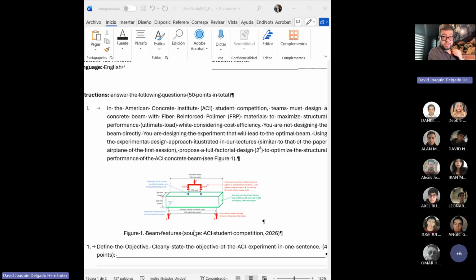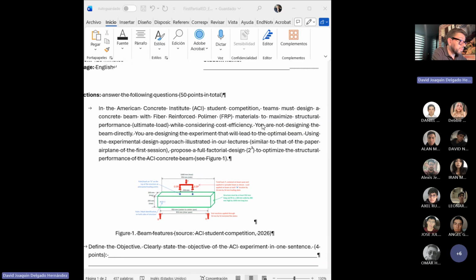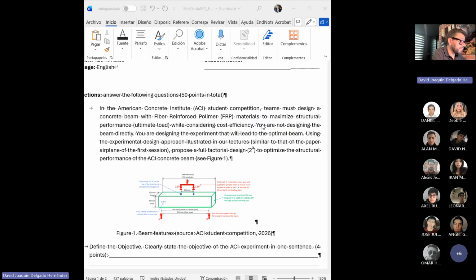Okay. So the first question was about the objectives of the competition. So we are going to read this now. So in the American Concrete Institute, student competition teams must design a concrete beam with fiber reinforced polymer. So this is the first key word, okay?